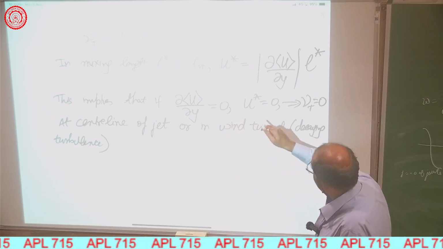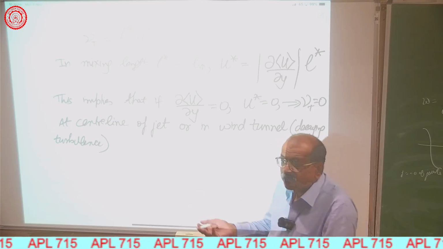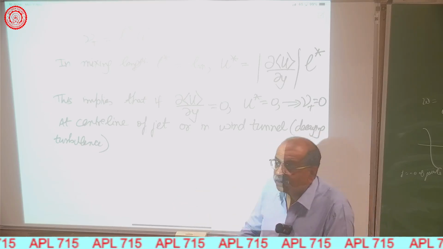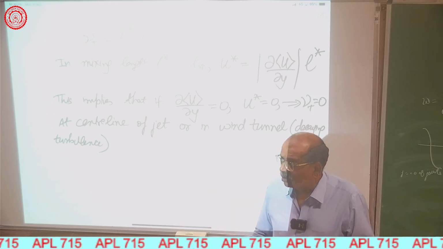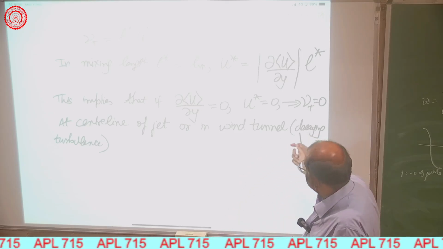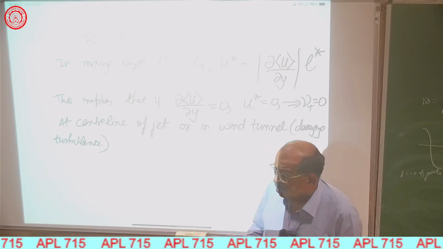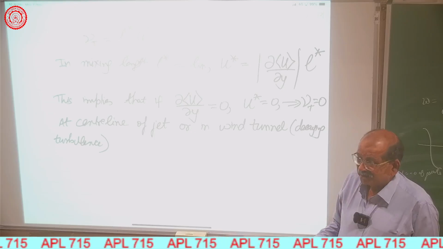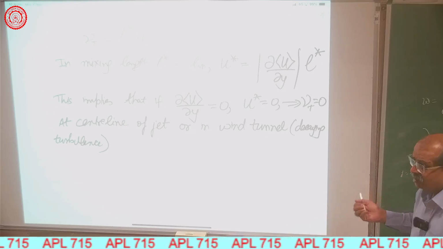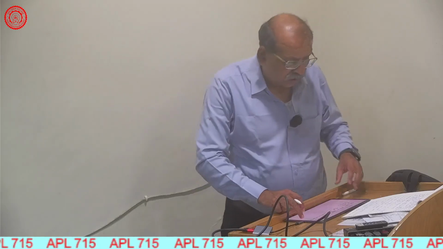That means nu t will be 0 at that location. So according to the definition, Reynolds stress will be 0 at the center line of the jet, which clearly is wrong. Similarly, in wind tunnel turbulence there is no mean velocity everywhere, so all Reynolds stress should immediately become 0. But that will not happen. So that is the motivation to get some turbulent quantity involved.